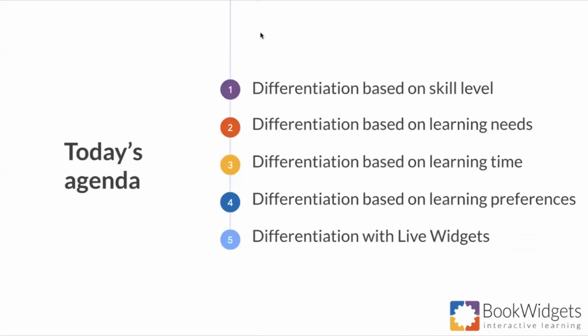So for today's webinar, we're going to be taking a look at differentiating based on skill level. We're going to look at how you can also differentiate based on learning needs, learning time, and those learning preferences. And I'll also show you how to differentiate with live widgets.